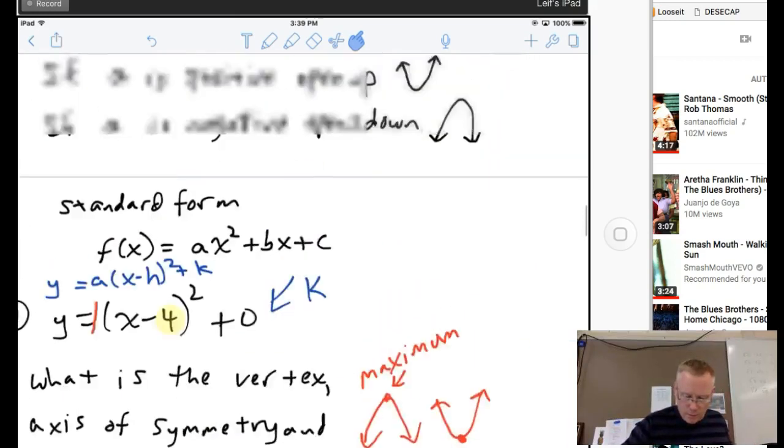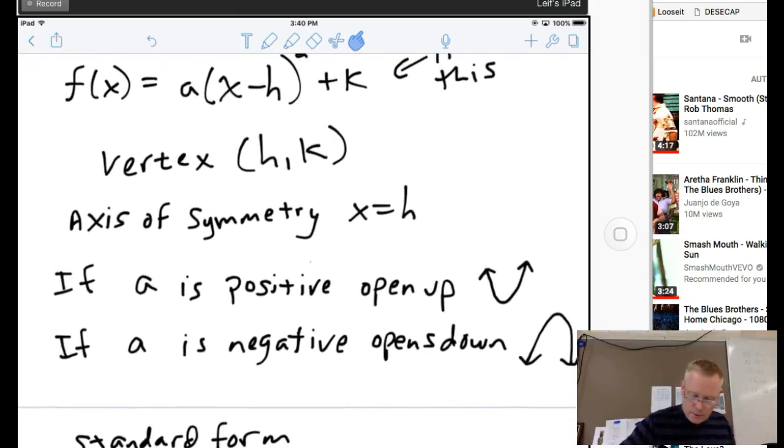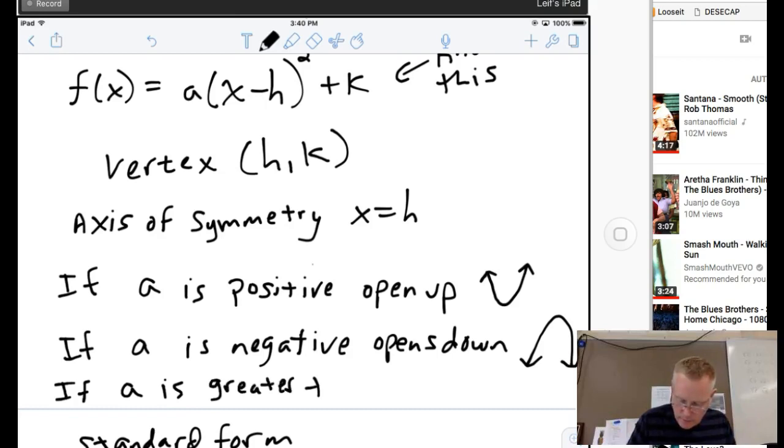I'm going to scroll back for 1 minute. I think I forgot to write one thing on this. It's right over here. Also, if A is greater than 1, it's a stretch.